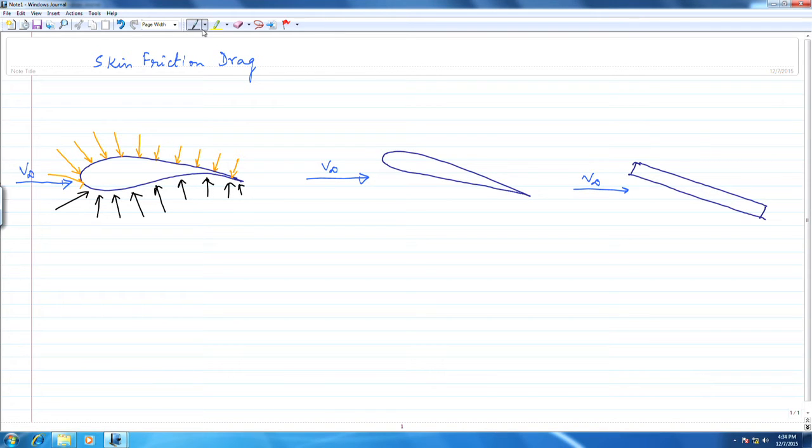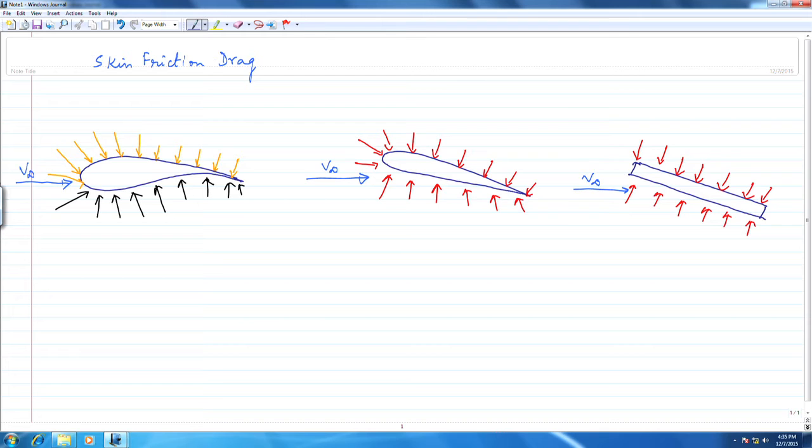What about the pressure distribution here? Something like that. And similarly there is a certain pressure distribution this way. Something like that.